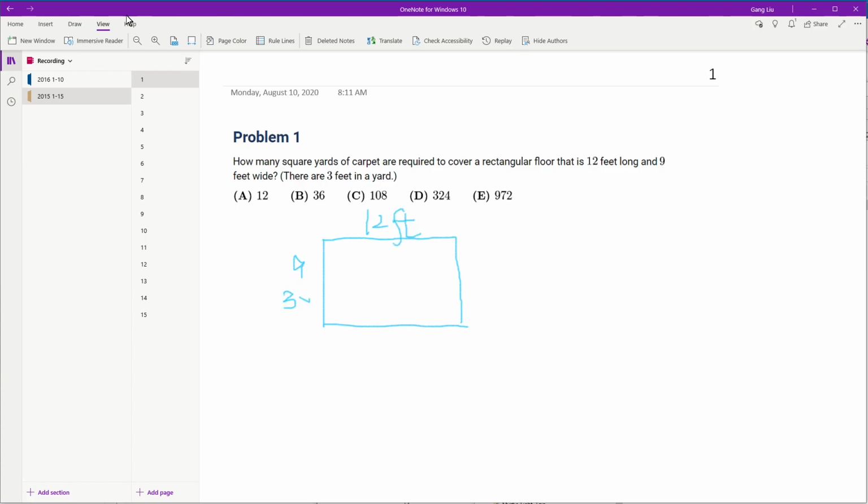This is 3 yards in 9 feet and 4 yards in 12 feet. Altogether, it's 12 square yards. So the answer is A.